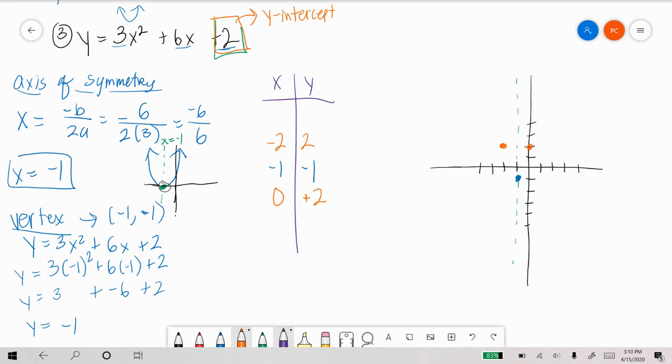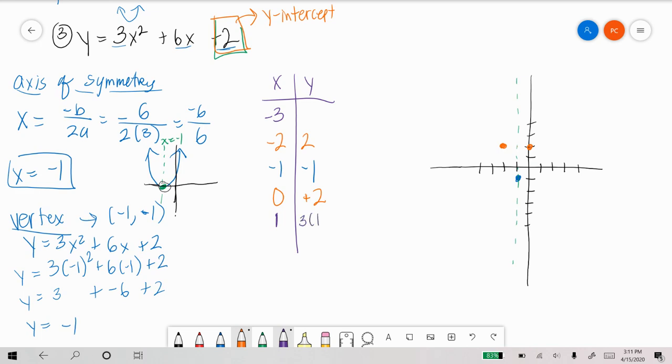Okay, so we need to find 2 more points to see enough of our parabola. So we're just going to try to choose one other point. We could be consistent and choose negative 3 and 1, and then those should reflect perfectly over that green axis of symmetry as well. Okay, I think it's easiest to plug in the point 1.